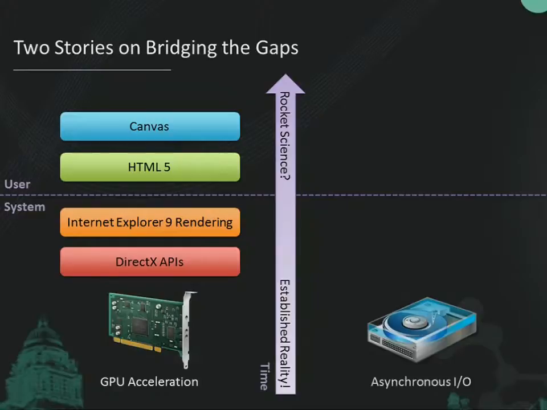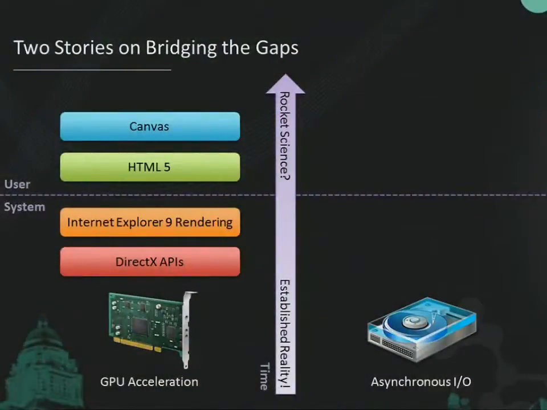Now, similarly, asynchronous I/O is even more of a terrible story in some sense. If you look at hardware from 20 years ago, well, the idea of your CPU not having to be blocked while you're waiting for network traffic to come back, or for the disk to give you the data back that you requested, we have had APIs that can deal with that asynchronous hardware from the very beginning.